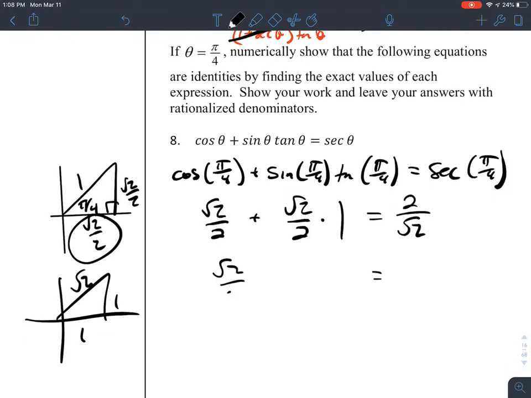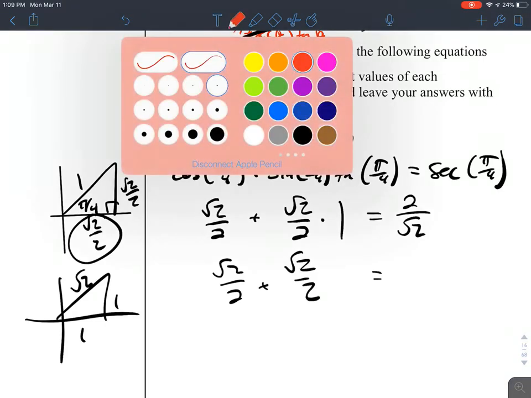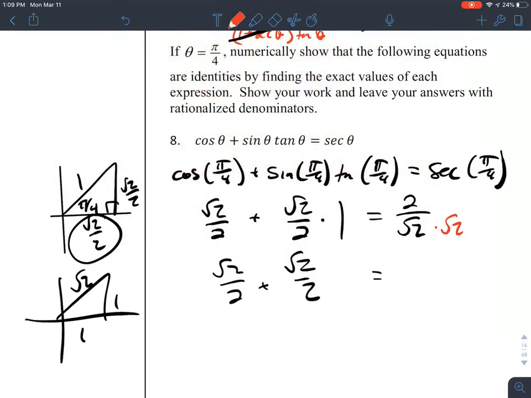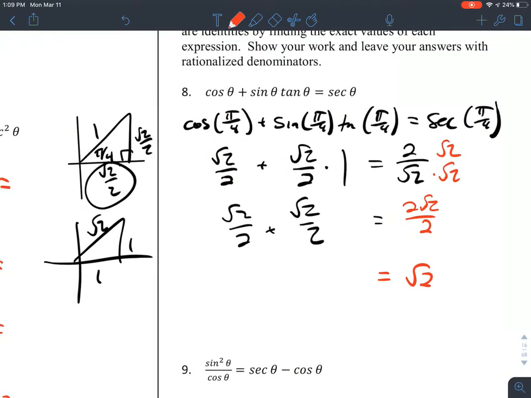So we got square root of 2 over 2 plus square root of 2 over 2. If we rationalize this fella, multiply the top and bottom by the square root of 2, we're going to get 2 square roots of 2 over 2, which reduces to square root of 2. On the left, if you add those two fractions, we're going to have 2 of these. 2's cancel, so you get square root of 2 equals square root of 2. So it checks out.